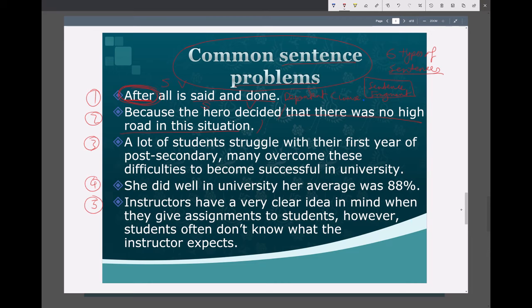And the subject is about the hero who decided something. There was no high road in the situation. But again, notice the word because. A subordinate conjunction. And what type of sentence is this? Again, it's a dependent clause. And dependent clauses are not sentences. So it's another sentence fragment.